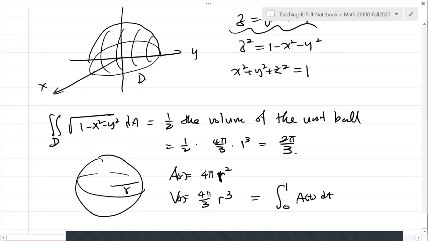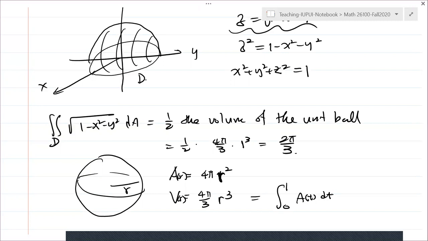This is a very famous formula: the integral of the surface area gives the volume. You can integrate this. The antiderivative of t squared is 1/3 times t cubed. That's why you end up with 4 pi over 3 times r cubed.